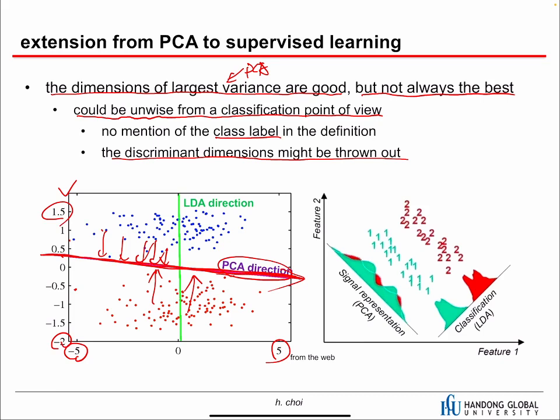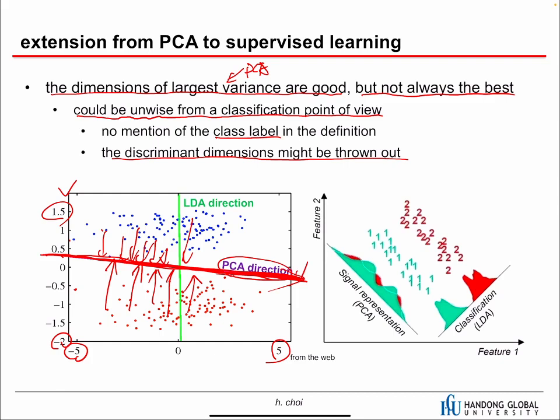But if we look at the labels, then this direction is not the best direction. Look at this one. All the samples are projected onto this line, and on this line, these blue dots and the red dots are just mixed up. So if we are interested in classification, then this line is the worst direction.